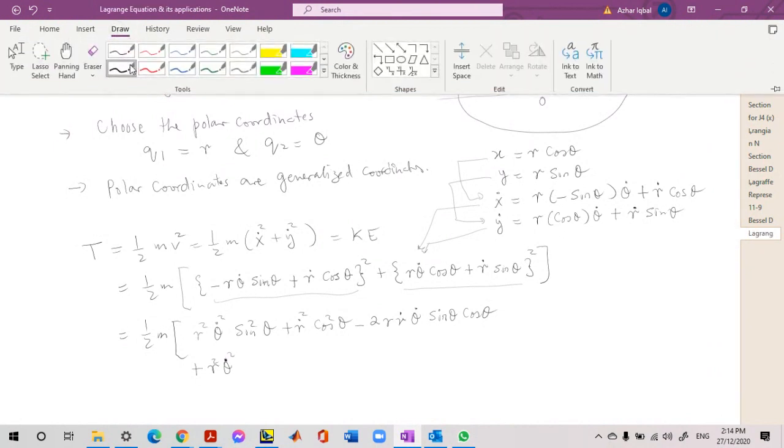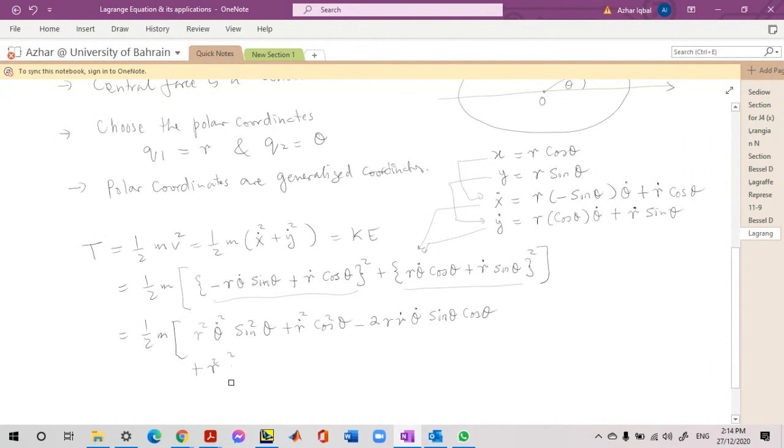Okay, so just make it more clear that this is theta dot square, right? And then it is the cosine square of theta plus r dot square sine square of theta plus 2 r dot r times r dot theta dot sine theta cosine theta, bracket close.